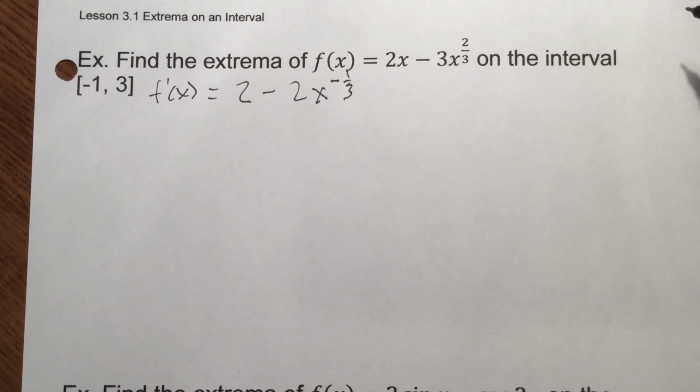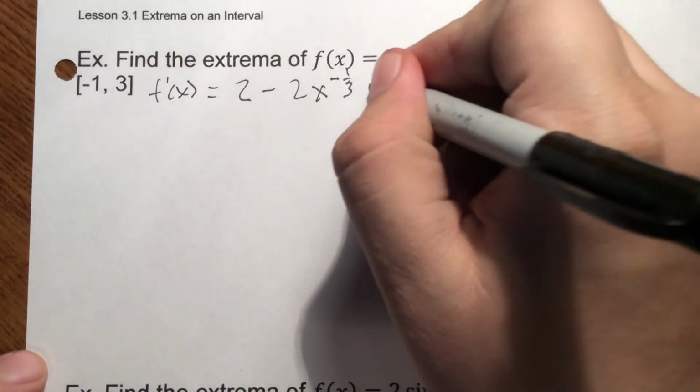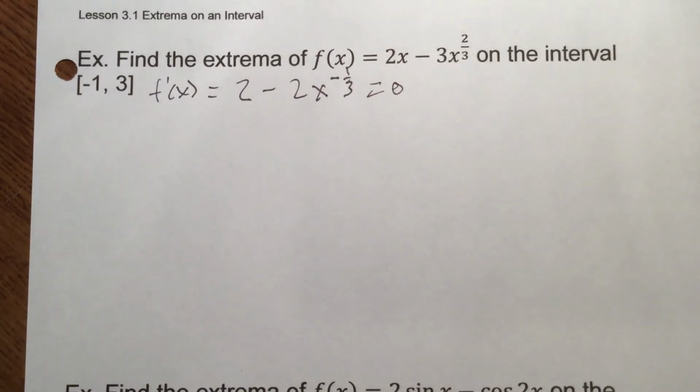So from there, we would then go through and, well, could we solve? Well, yeah. What will make this be 0?